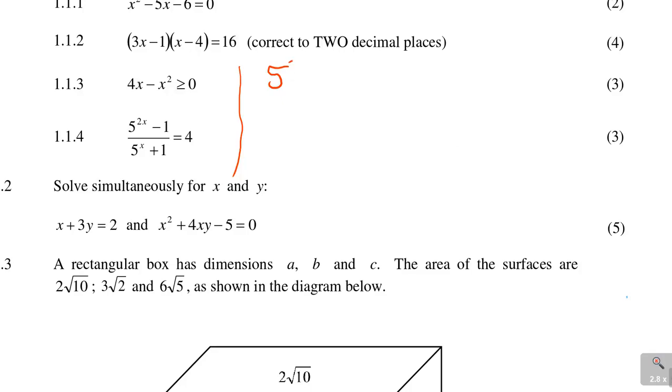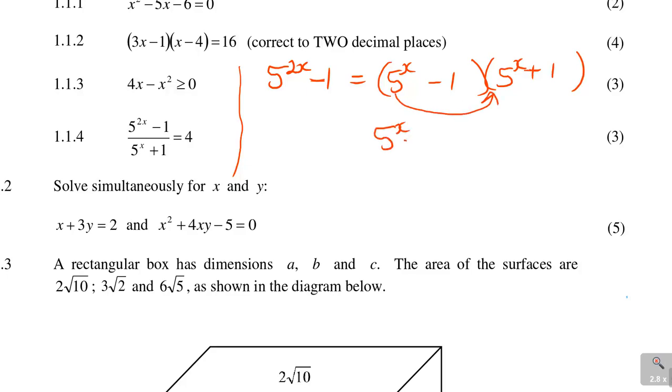If I say 5 to the power 2x minus 1, now this part, I wanted to show you something. It comes with experience. If I say 5 to the power x minus 1 and 5 to the power x plus 1, now let's open this bracket. Remember, this is like a difference of 2 squares. Multiply that. It's 5 to the power x times 5 to the power x.